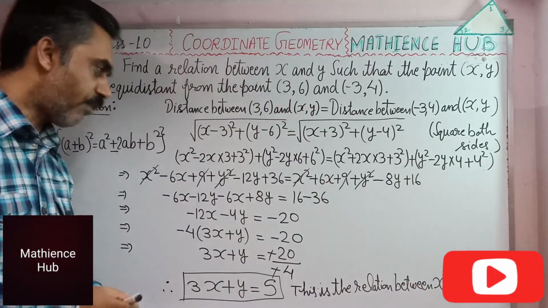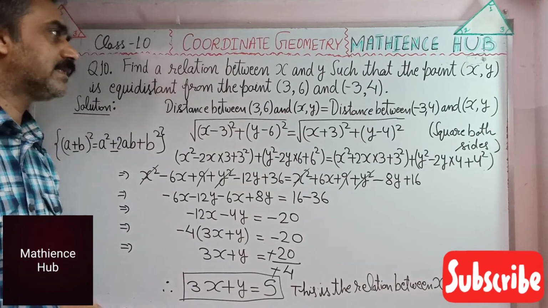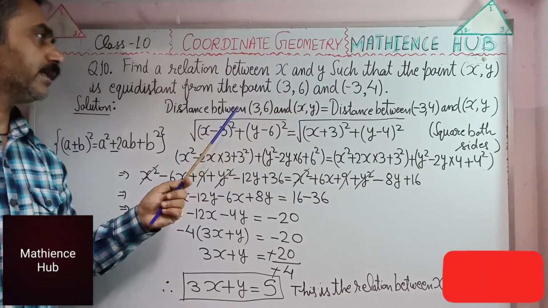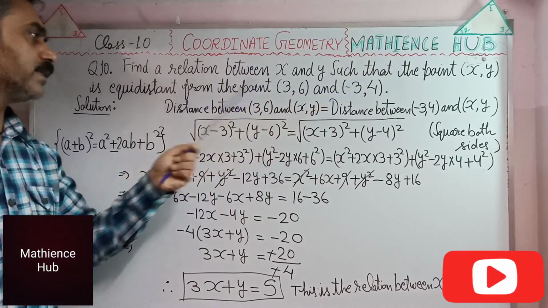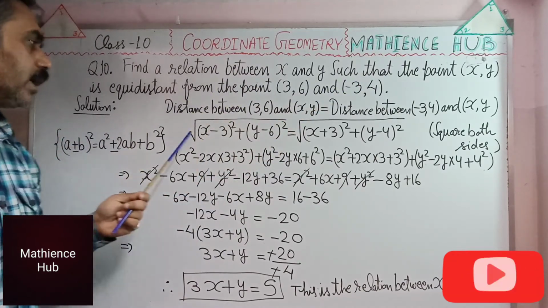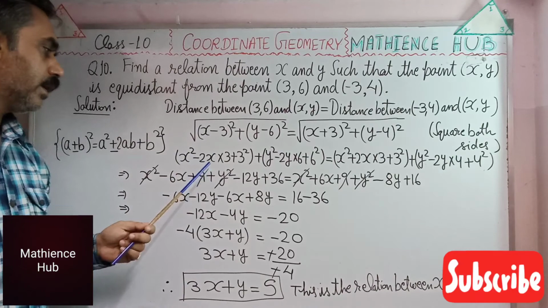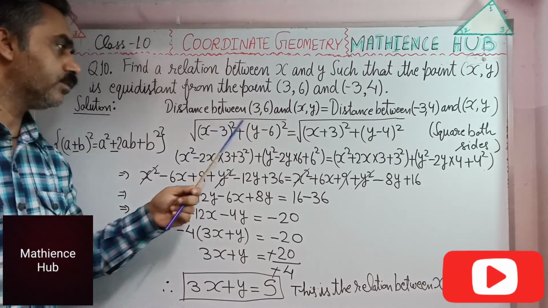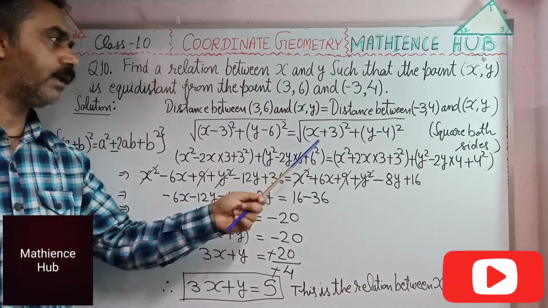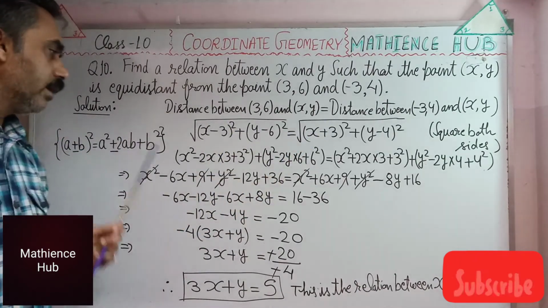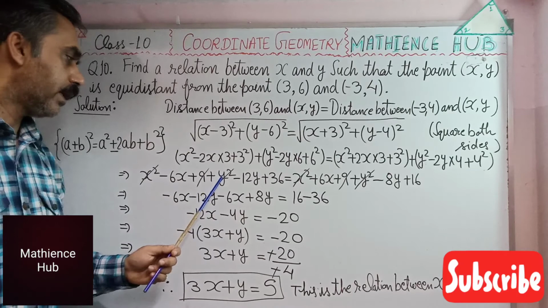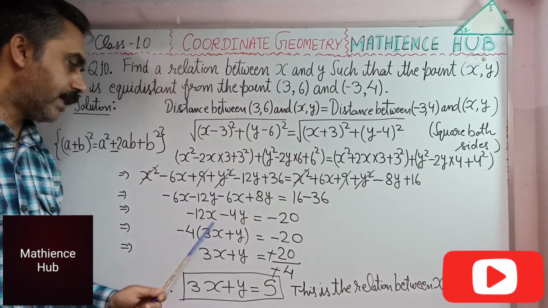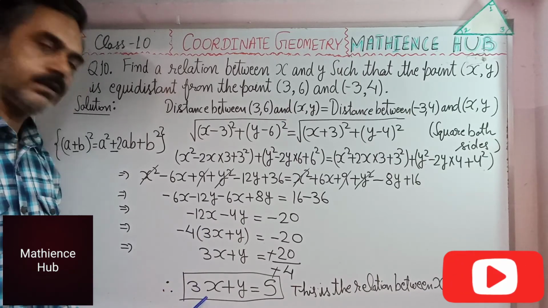So when we find a relation between x and y, or any other variable, that is equidistant from the points, we use the distance formula and put in the values, and very carefully use the identities a minus b whole square and a plus b whole square, then cut the same numbers or same signs on both sides, transpose and find the relation.